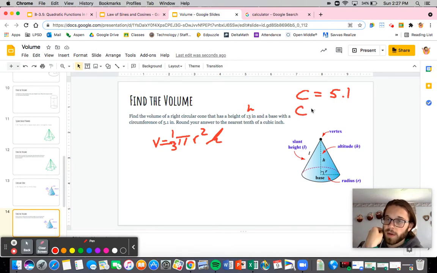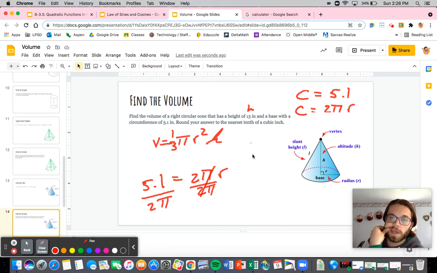Now, your circumference is 2 pi r. So if your circumference is 2 pi r, we're going to have to deal with solving for what r is. So if this is 5.1, it's equaling 2 pi r, and divide both sides by 2 pi.